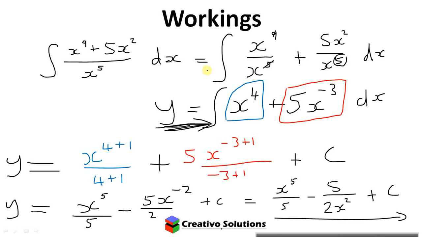Okay, so integrate. 3x squared minus 5 is going to be what? Two times 3 is 6, so it's 6x. 2 minus 1 is 1.